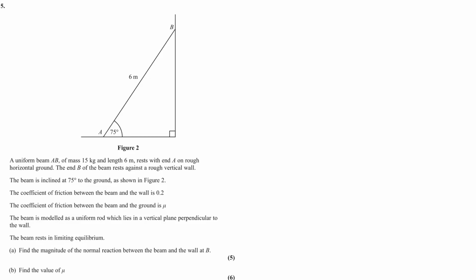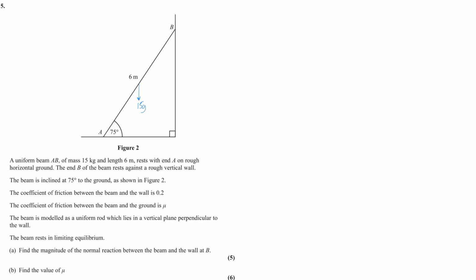Okay, so we've got a uniform beam AB of mass 15 kilograms. So 15g weight going down there. It rests with A on a rough horizontal ground, and then B rests against a rough vertical wall.